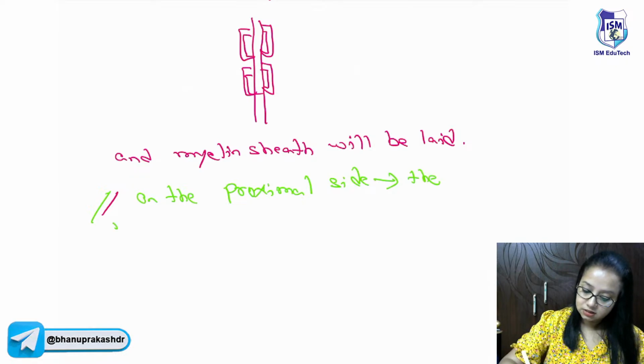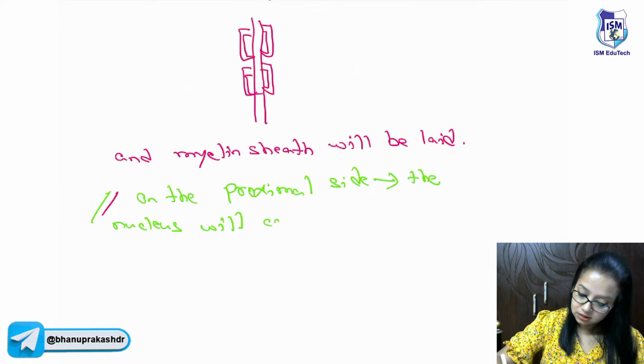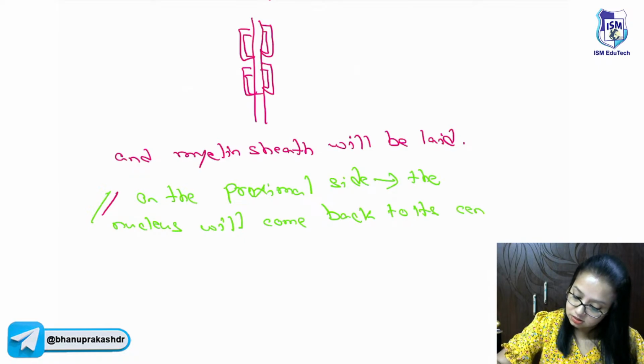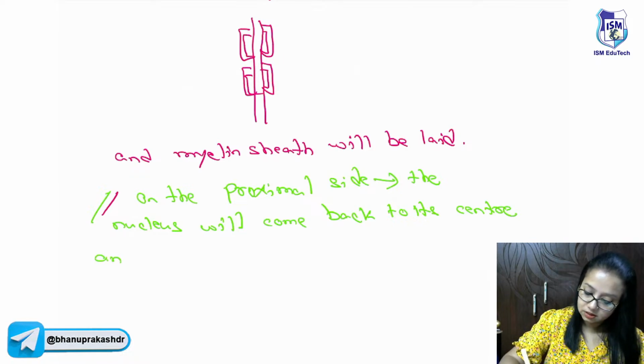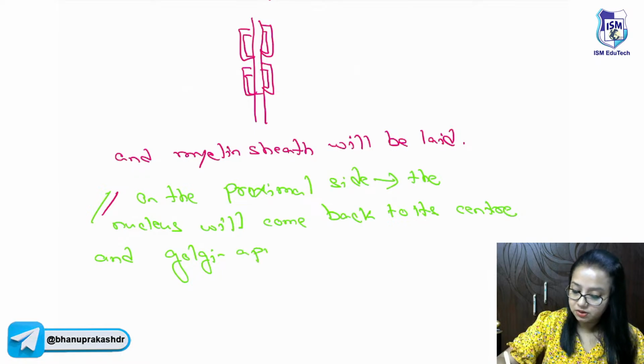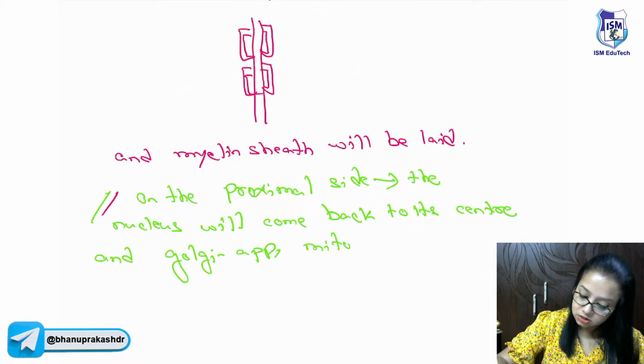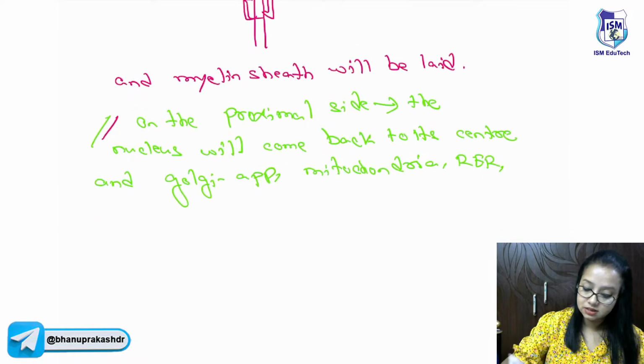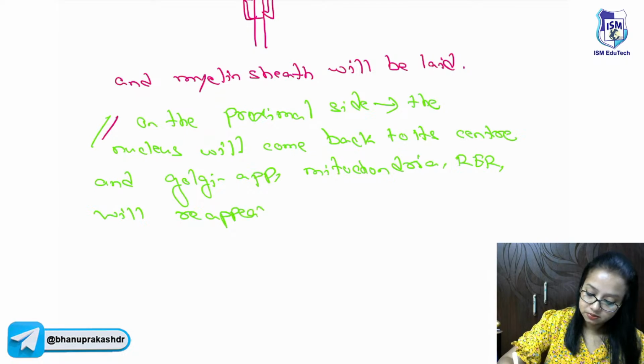The nucleus will come back to its center, and Golgi apparatus, mitochondria, and rough endoplasmic reticulum, that is the Nissl granule, will reappear. Okay.